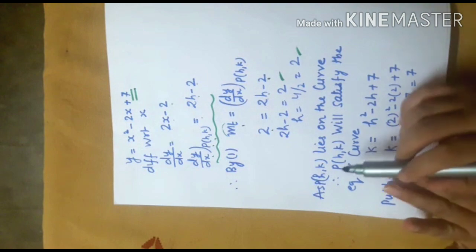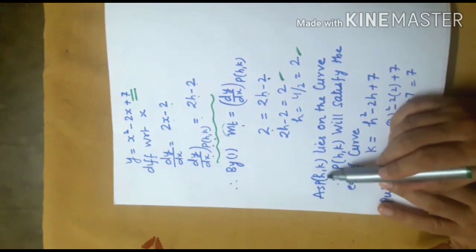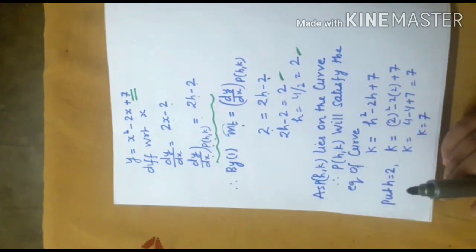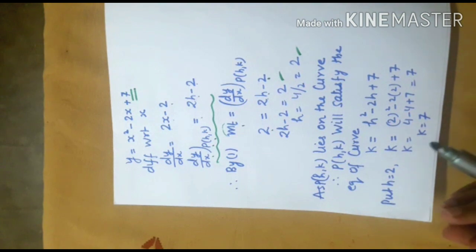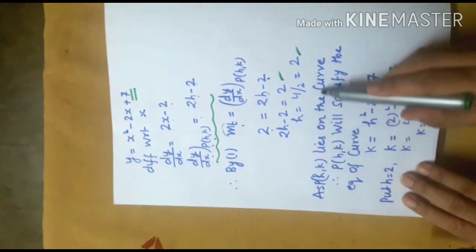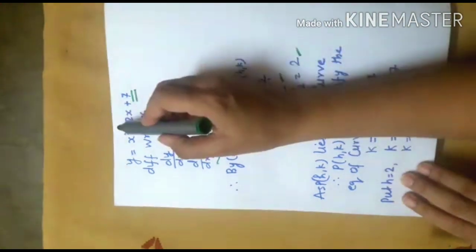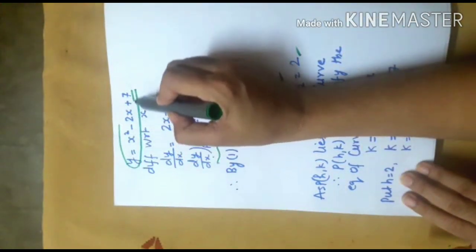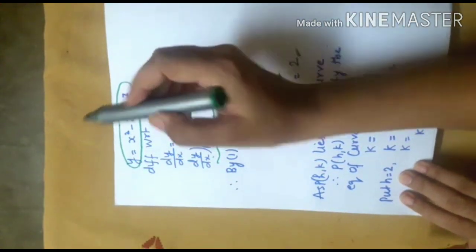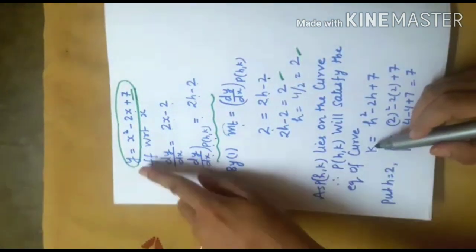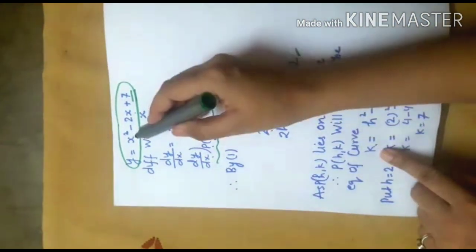Right? Now, as P(h, k) is a point of contact, so it is the point which is common to both tangent and the curve. So (h, k) will lie on the curve. So it will satisfy the equation of the curve. So P(h, k) will satisfy this equation. So I'll replace y with k and x with h.